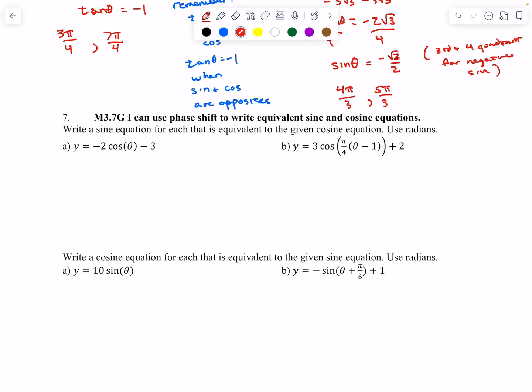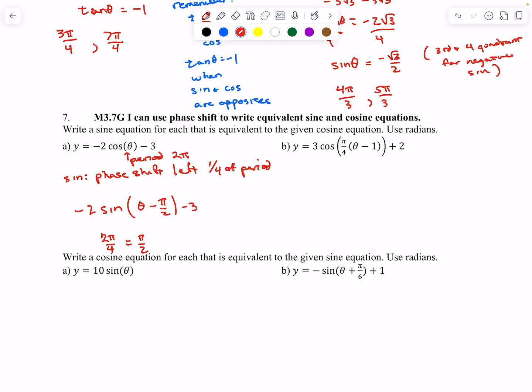Next, G. Okay, so the period is 2 pi. So we'll have -2 sine. 1/4 of 2 pi is pi over 2.